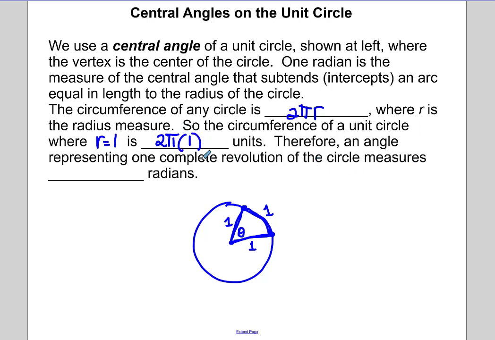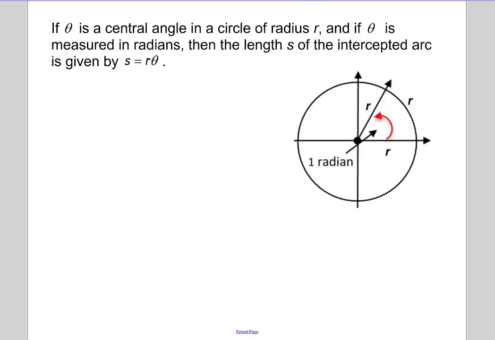Therefore, the angle representing 1 complete revolution of the circle measures 2 pi radians. If theta is the central angle in the circle, and theta is measured in radians, then the length S of the intercepted arc is given by S equals r theta. So from here to here is going to be called the arc length, or S.